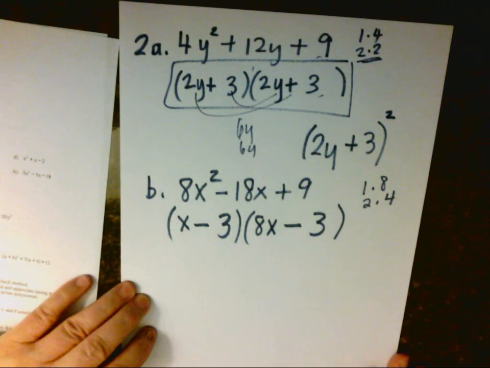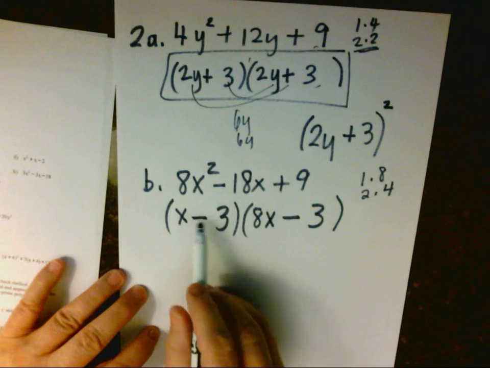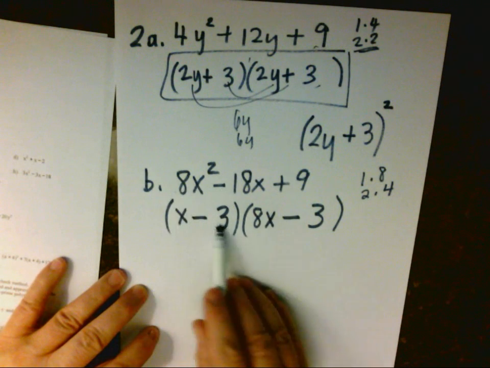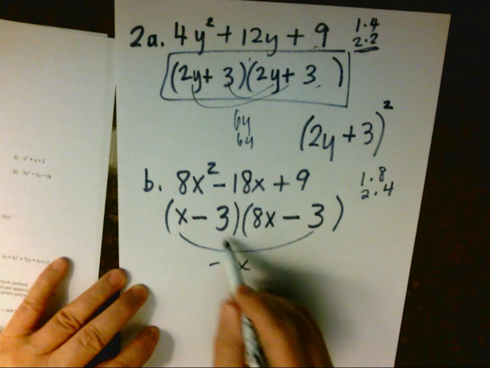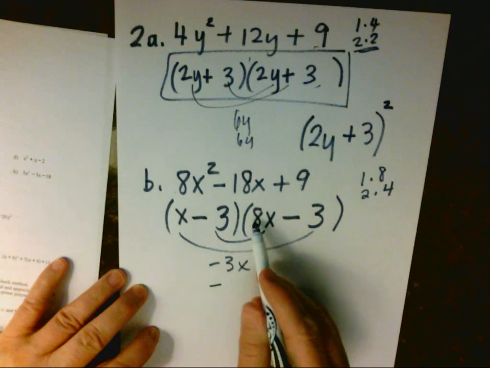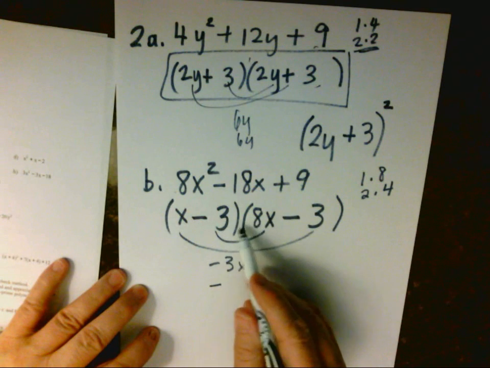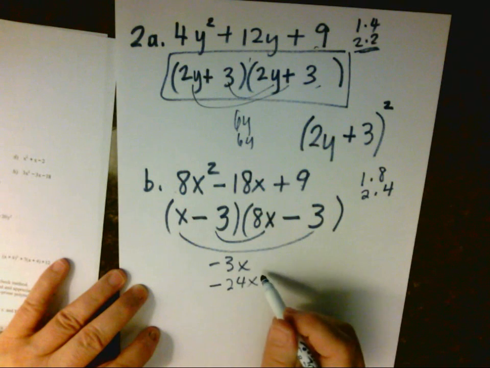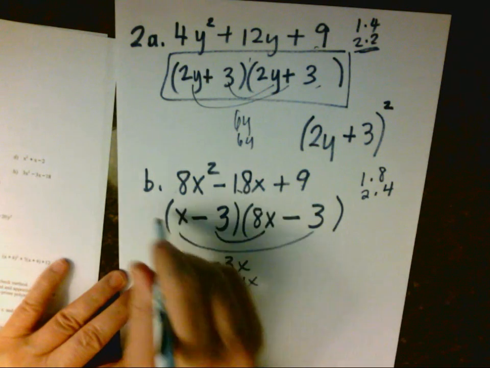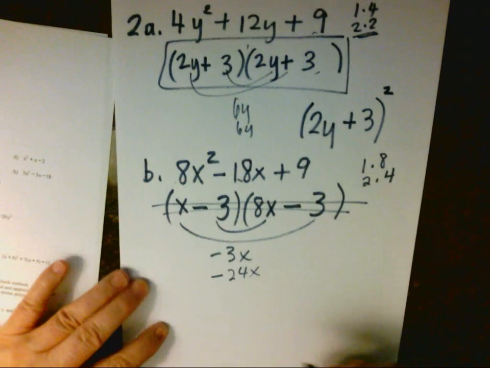We'll see if it works. Okay, so that's going to give us the first thing and the last thing, correct? So let's try the outside. We get a negative 3x, and on the inside we get a negative 24. I think this is 27x. That's not it, folks. Okay, that's the way it is with trial and error.